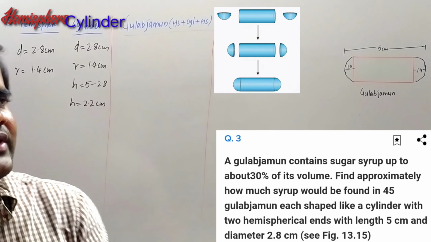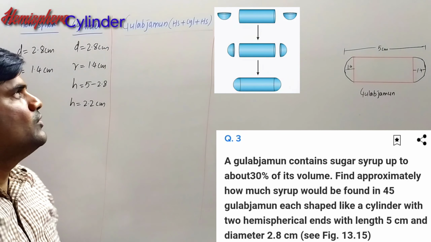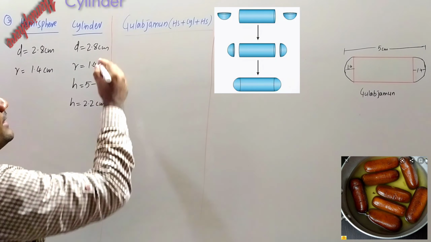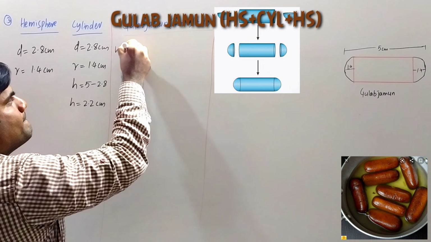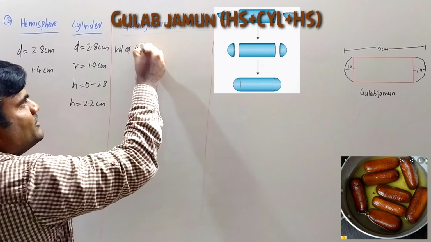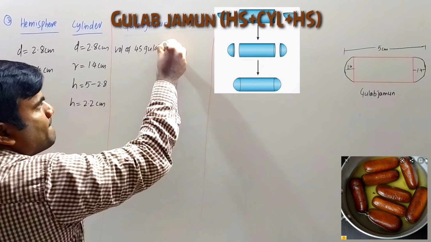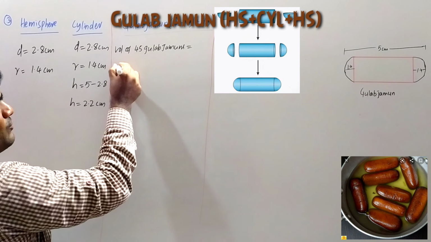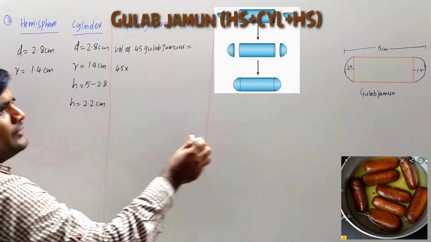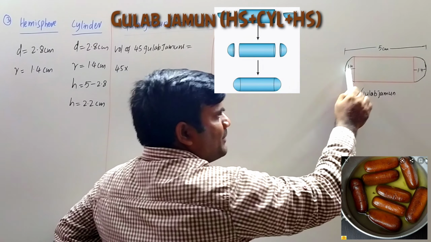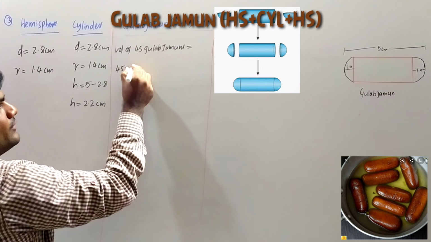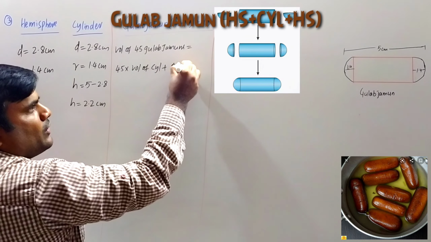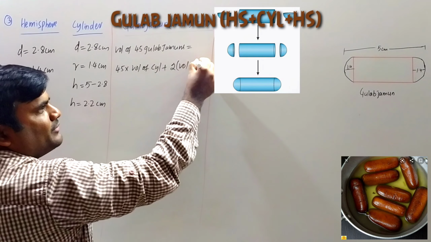So first we need to find the volume of the gulab jamuns. We have 45 of these gulab jamuns, so I am directly taking the volume of 45 gulab jamuns, equal to 45 into volume of cylinder plus volume of hemisphere plus volume of hemisphere, that is, volume of cylinder plus 2 into volume of hemisphere.